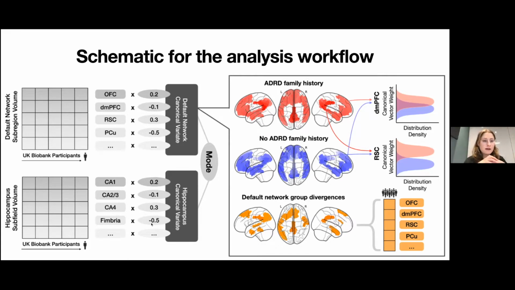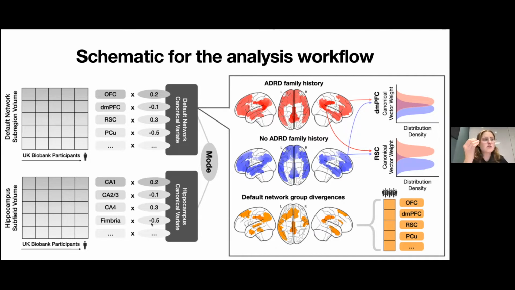And once we find the first set of linear combinations, we extract the variance accounted for by this first combination from the data, and we find the second set of linear combinations that account for most of the remaining variance. And we can do so iteratively a number of times equal to the length of the smaller set, which here is 38, the number of hippocampus subregions. So we decided to focus on the first 25 modes of hippocampus-default network covariation.